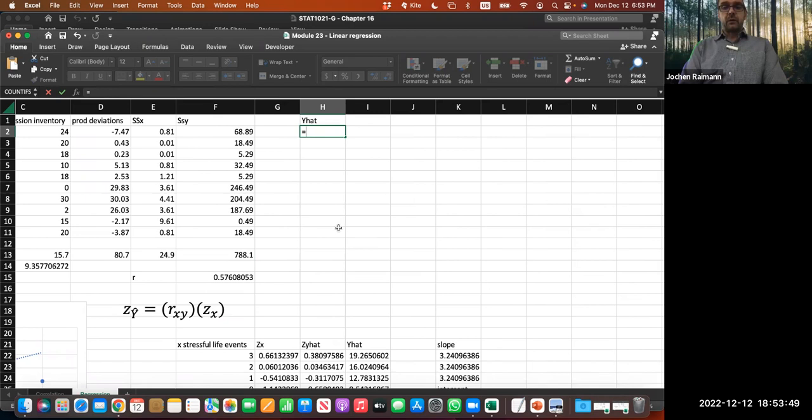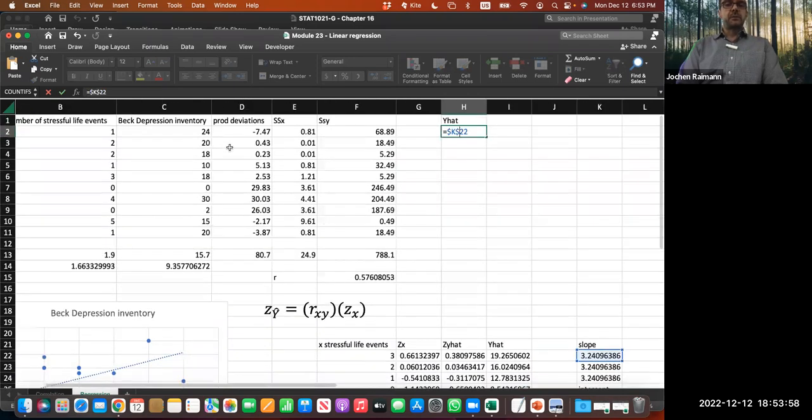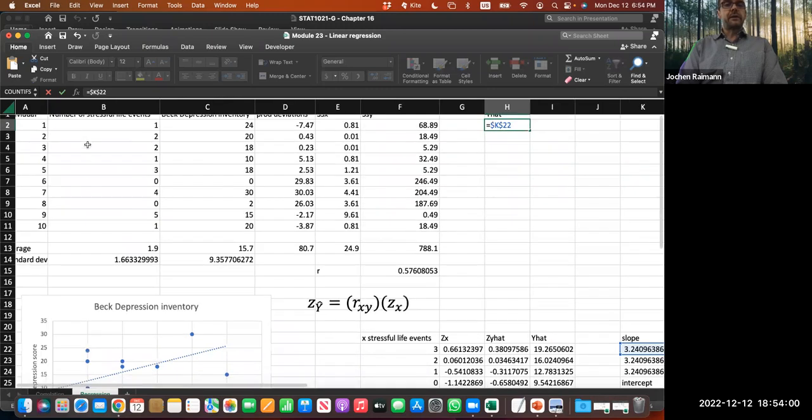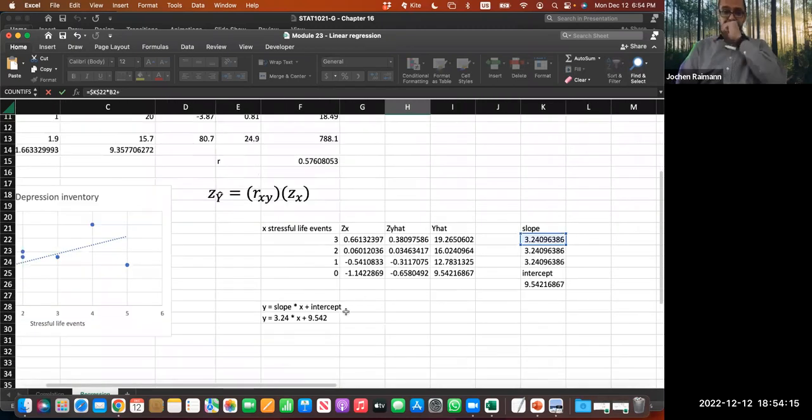So you have our slope, which is 3.24, we're just locking this in, multiplied by the individual number of stressful life events for each individual, which is one for the first individual, plus, and this is where the second part of the regression function comes in, the intercept.